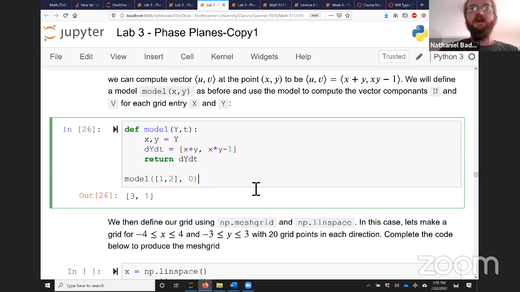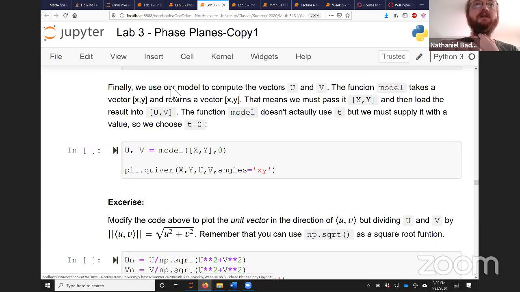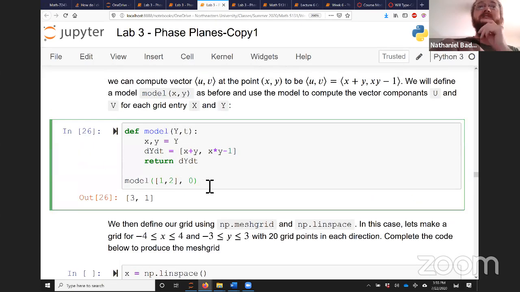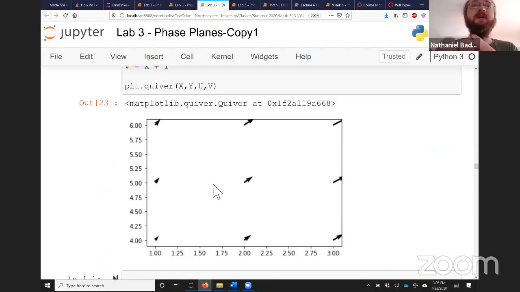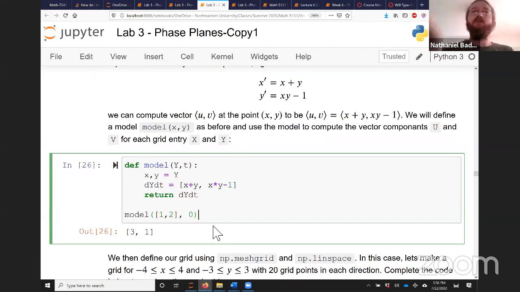Great. Because NumPy plays very nicely with the underlying Python operations, we can actually pass this a vector of matrices, and it will go through and do all the computations exactly as it did up here without complaining. It will do them component-wise and return a matrix of the results.